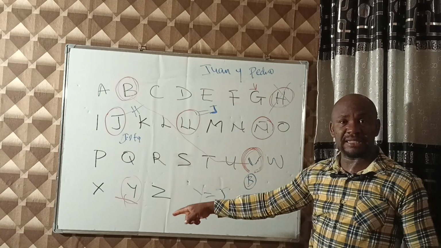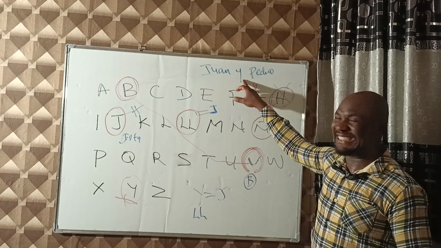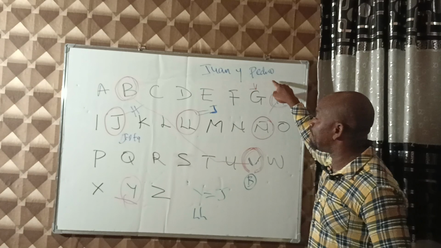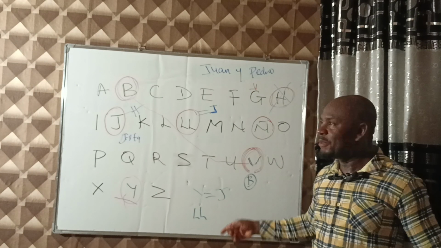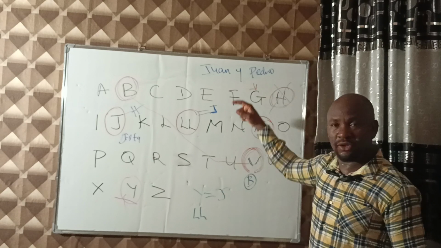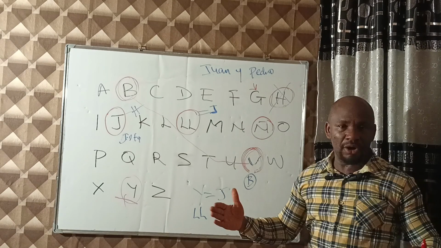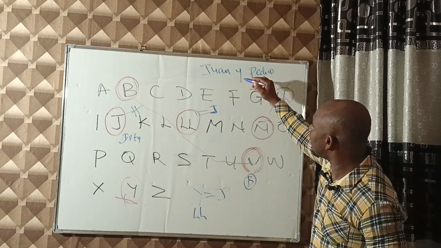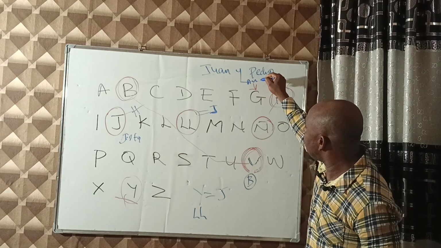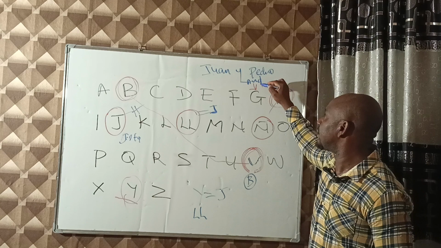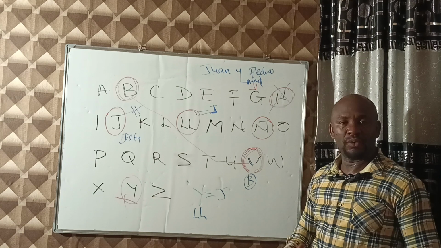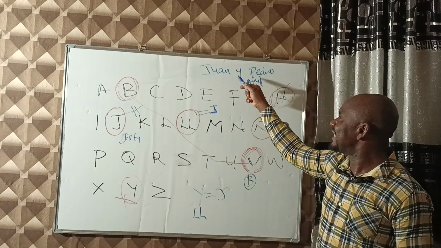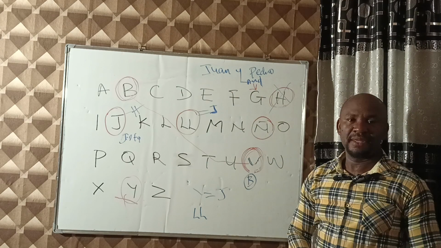It's no longer pronounced as Y. It's pronounced as E. Now what does that mean? It means John and Peter. Simple. So when you see Y standing on its own in any sentence, it means and. And how do you pronounce and in Spanish? E. So you have Juan y Pedro.